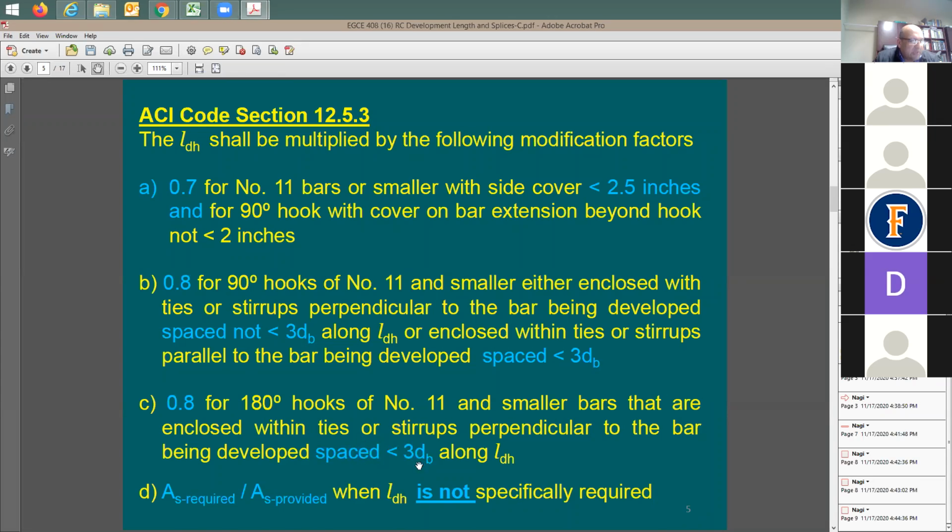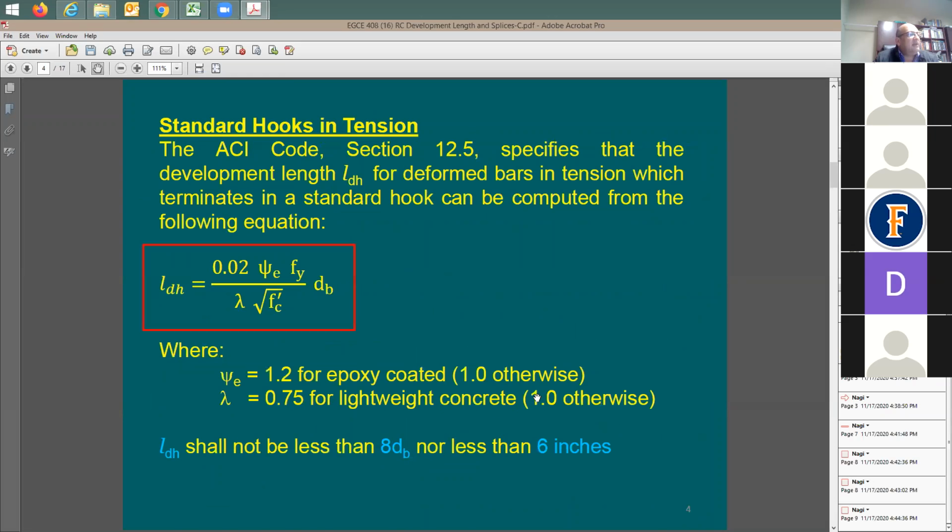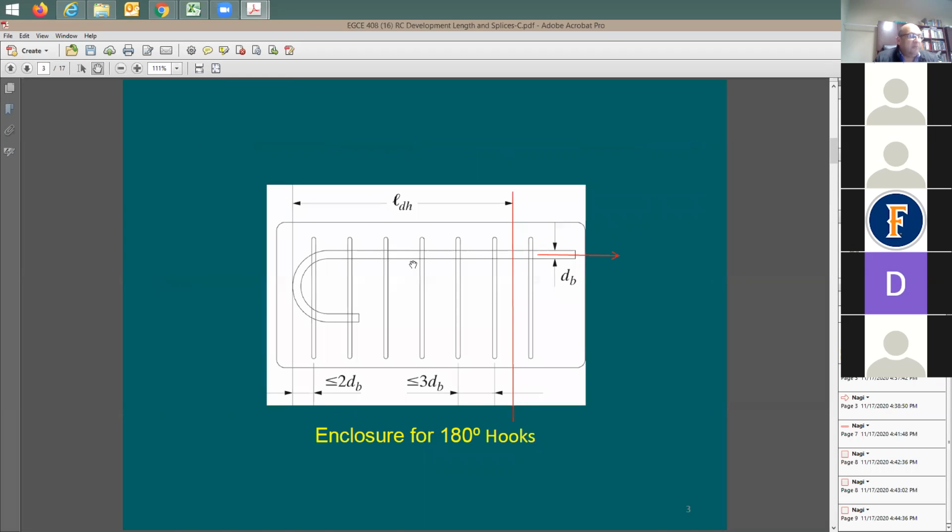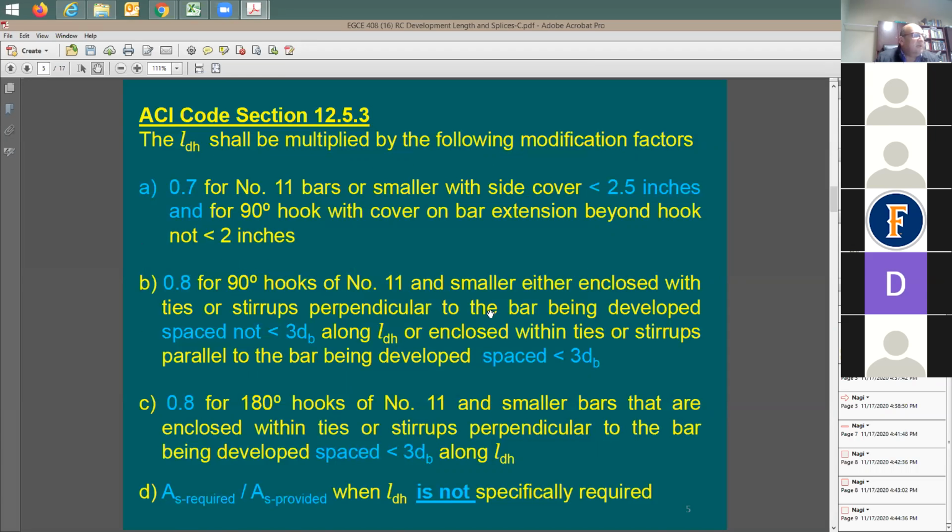You see the ties and the spacing? You remember this enclosure, right? If the spacing between the ties is smaller than 3 db, with db of the spliced bar or the developed bars, in this case you can use a factor of 80%.